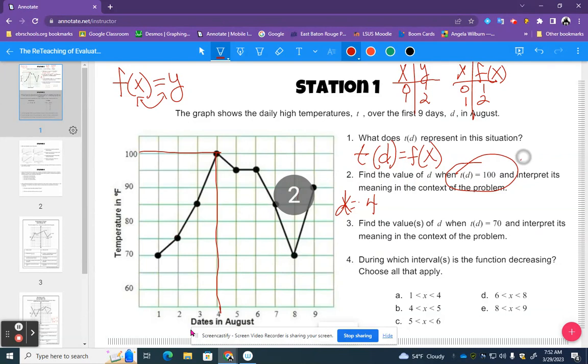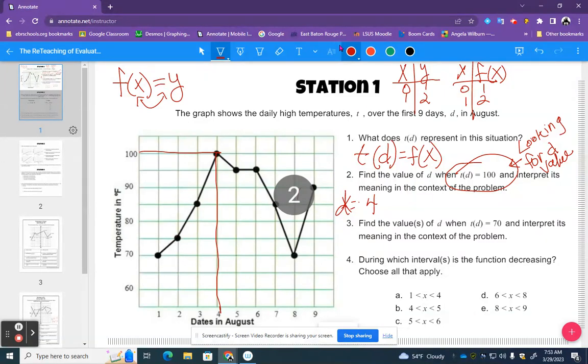So I'm going to make that note. Looking for, well, in this case, it's D. Looking for the D value, which D is the same thing as X.